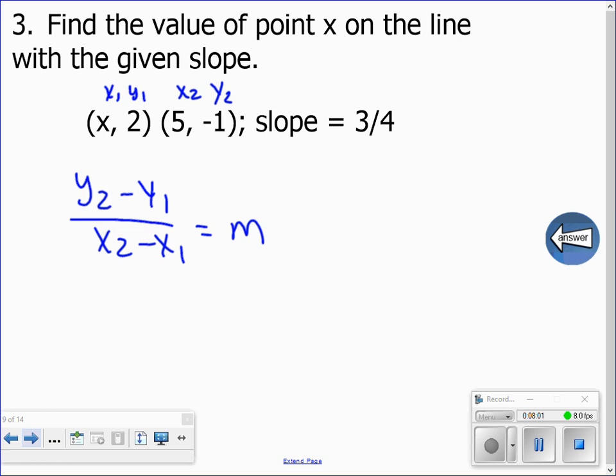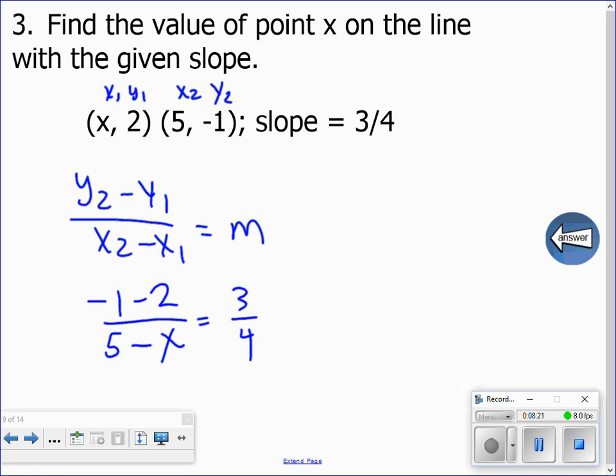My y2 in this case would be negative 1. My y1 in this case would be 2, so minus 2. We have x2, which is 5. What we're missing is the x1, so we'll leave that as x. And we know the slope is 3 over 4.